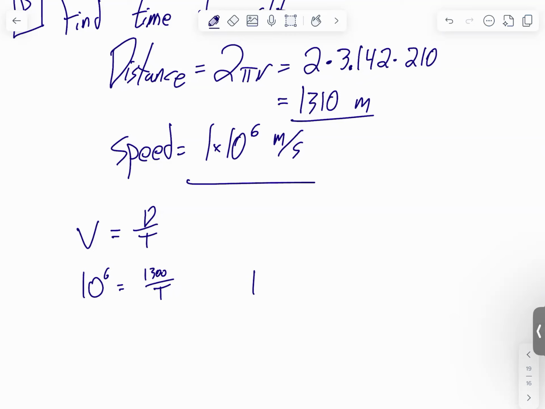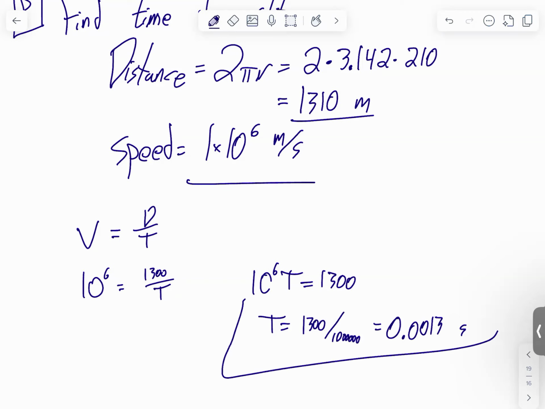Multiply both sides by t, I get 10 to the 6th t equals 1300. I divide both sides by 10 to the 6th to get t alone. 1300 divided by 1 million is 1.3 milliseconds. Yeah?